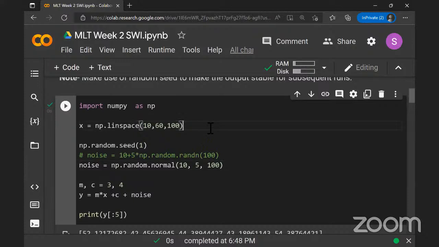Like 10 to 60, like what we have done for the uniform. If we need to generate random numbers between some range, for normal, yeah, you can absolutely do that.